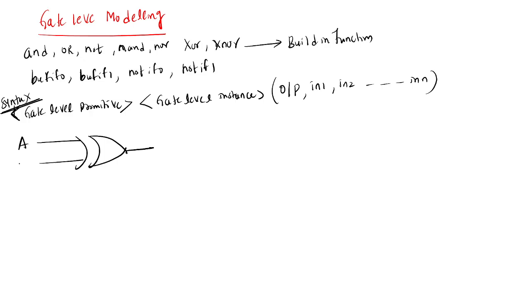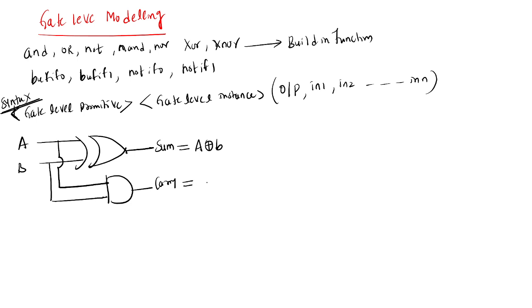This is A, B, and the outputs are sum and carry. Sum equal to A XOR B. Carry equal to A AND B, AB.